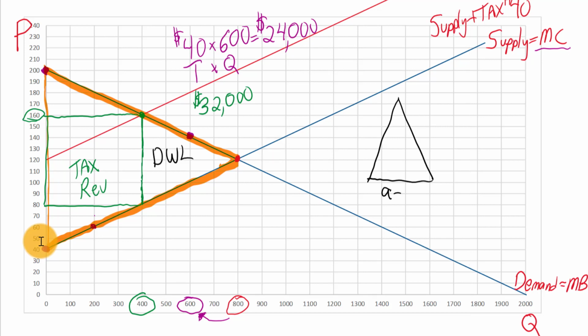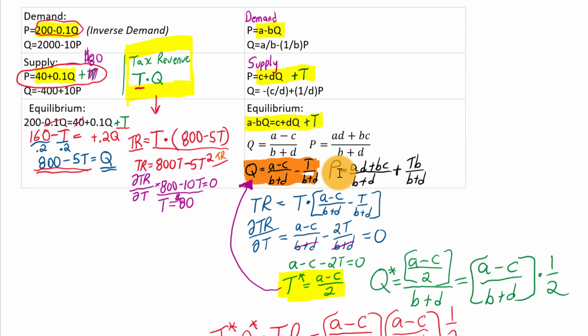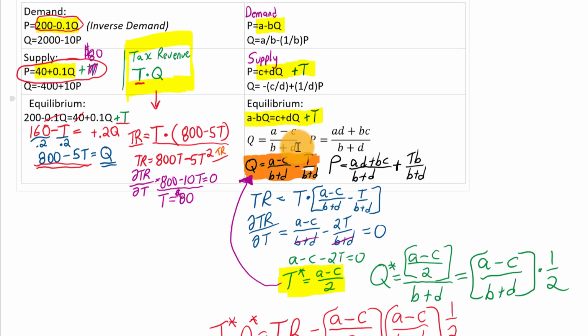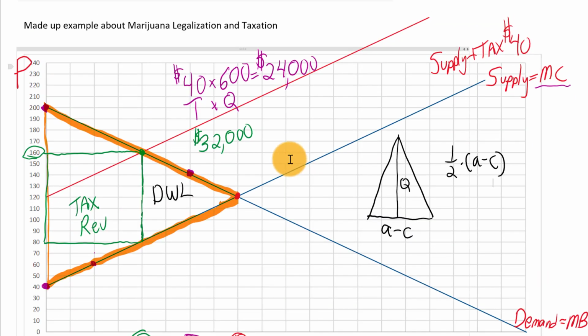So down here we get A minus C, and then the height of this orange total surplus triangle is going to be the equilibrium quantity, so Q. And the area is just going to be 1/2 times A minus C times the equilibrium quantity. Now, again, in equilibrium, we have an expression for that quantity, and it's down here, A minus C over B plus D. All right, so we can just plug that in.